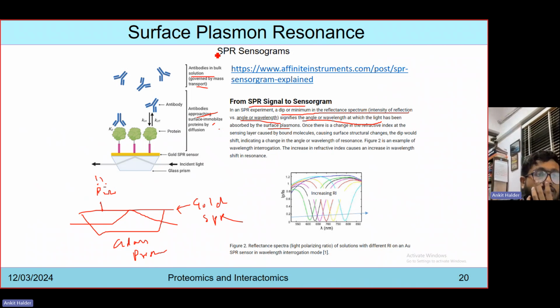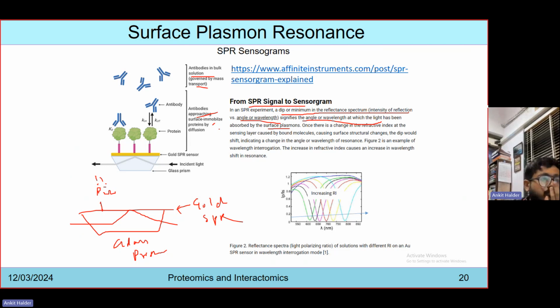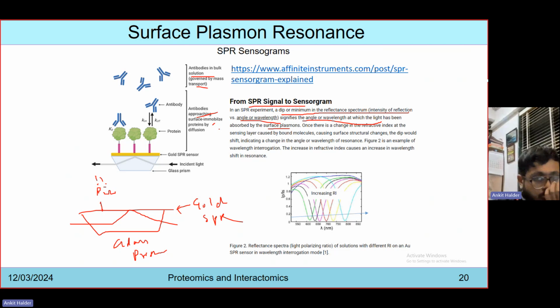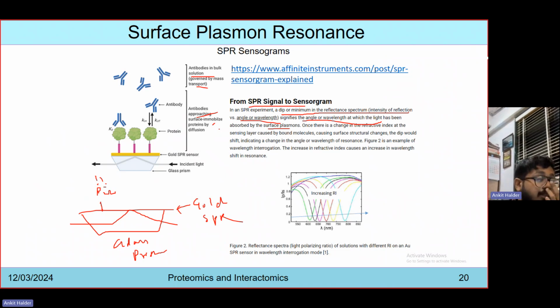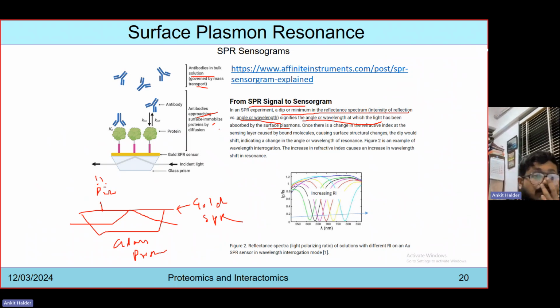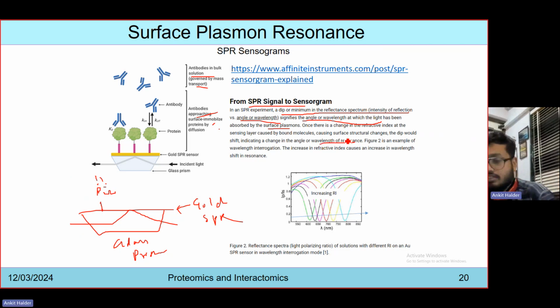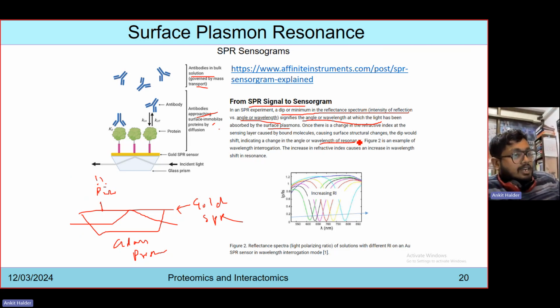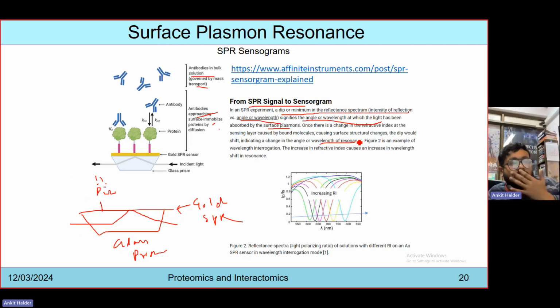Once there is a change in the refractive index at the sensing layer, caused by bound molecules causing surface structural changes, the dip shifts, indicating a change in the angle of resonance at which the plasmons absorb and resonate. When biomolecules are added, certain mass is added, and this changes the surface structure, indicating a change in the resonance angle. So now we look at reflectance spectra with different refractive indices on a gold sensor, with increasing refractive index.